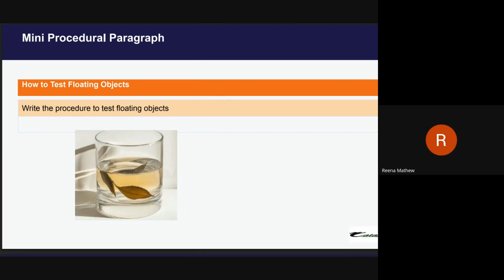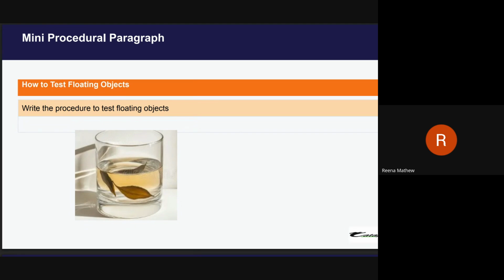So how do you test floating objects? You have to write the steps. In the picture, you see a glass. There's water inside it. There's also a leaf floating in it. So your task is to find if an object is floating or not.